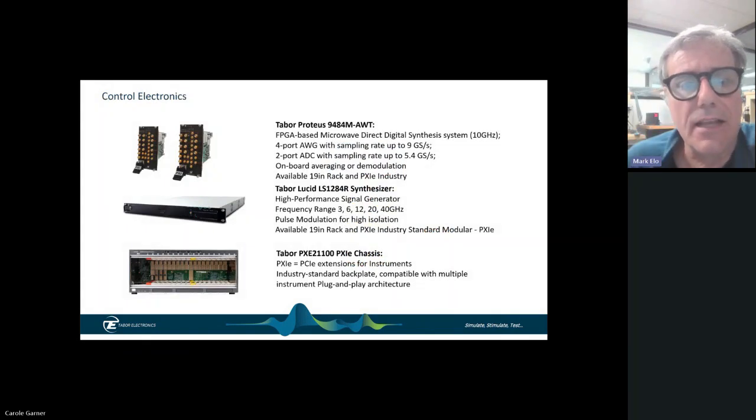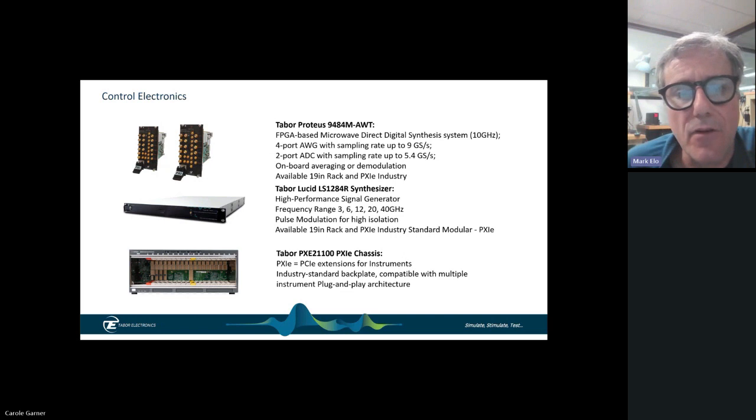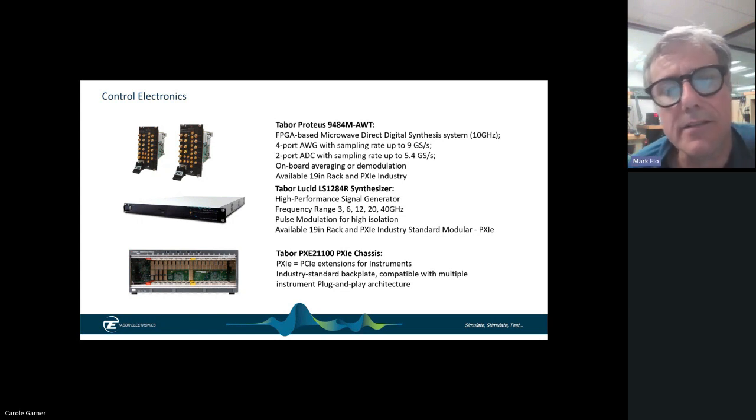Let's talk about the control electronics. The heart of the system in the room temperature is the Tabor Proteus P9484M arbitrary waveform transceiver. Now, this is an FPGA-based direct digital synthesis system that goes up to 10 gigahertz. It's essentially a 4-port arbitrary waveform generator and a 2-port analog to digital converter with 9 gigasamples and 5.4 gigasamples of sampling rate, respectively.